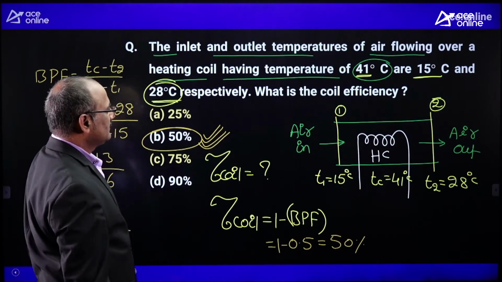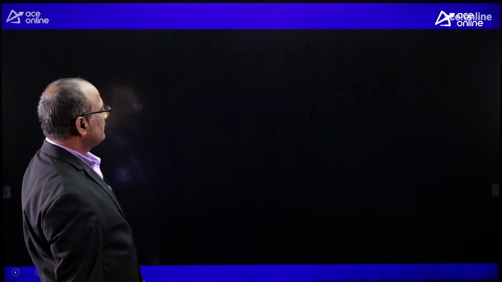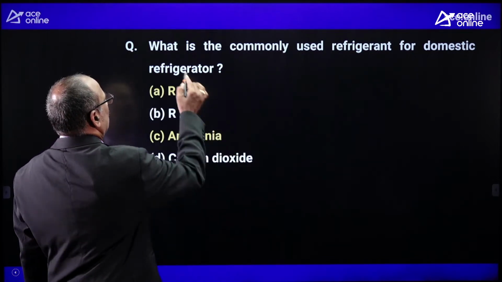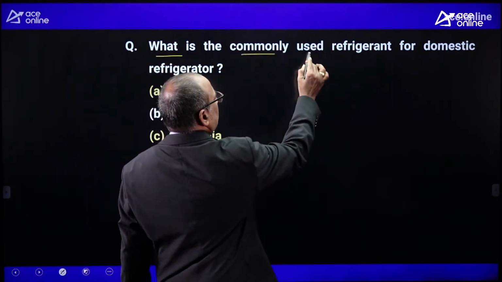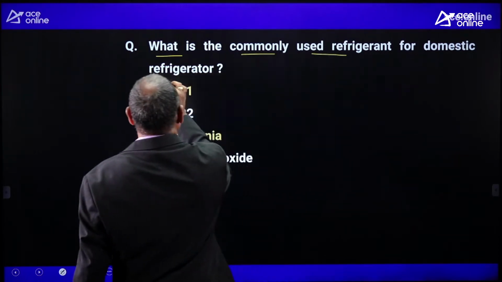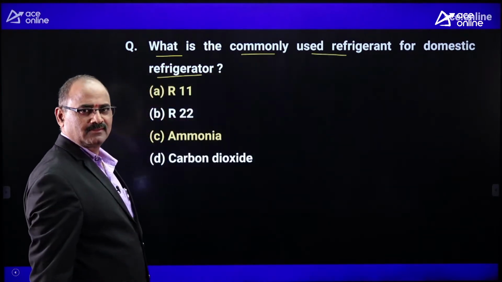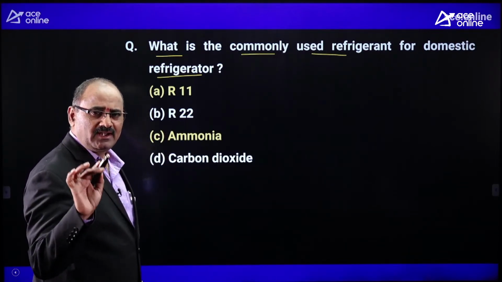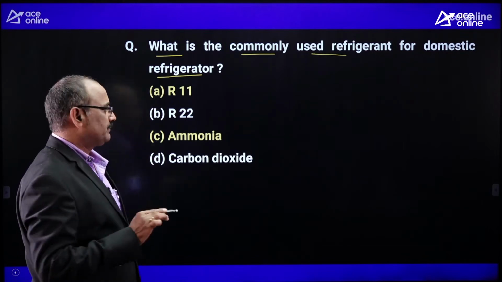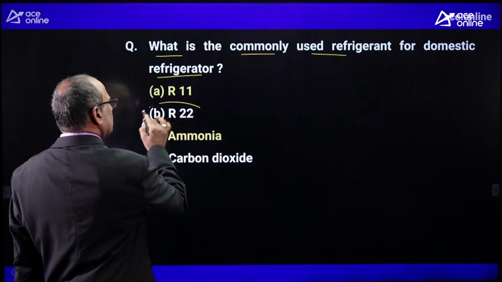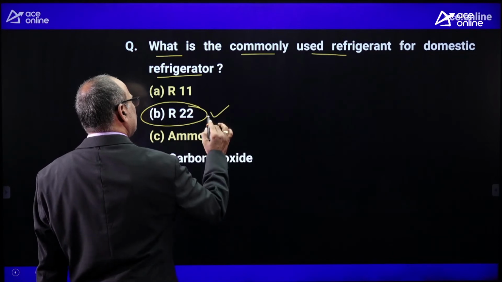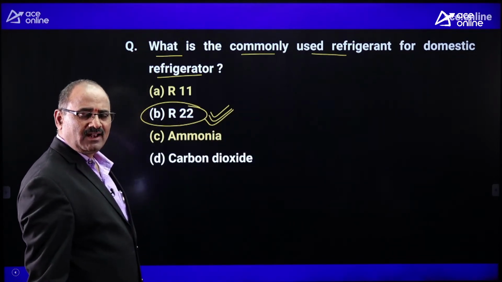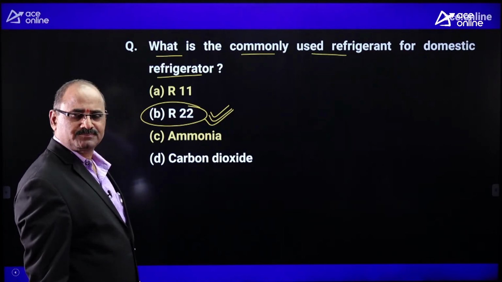Understood? Yes. Similarly, let us take another important question. Try to read it clearly. What is the commonly used refrigerant for domestic refrigerator? You are asked to decide the commonly used refrigerant for our domestic refrigerator. Dear friends, remember, most preferably we are using R12 as a refrigerant for our domestic refrigerator.